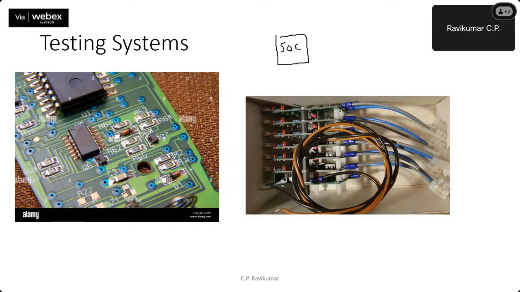But in spite of the ability to integrate a lot of functionality into the same chip, we may still need to use a PCB to integrate the system. We may not have reached a stage where everything that is there on the board can be integrated into the system on a chip.